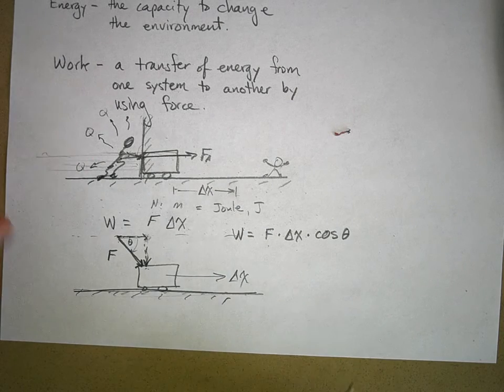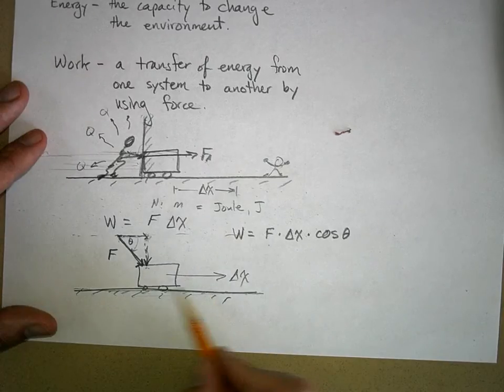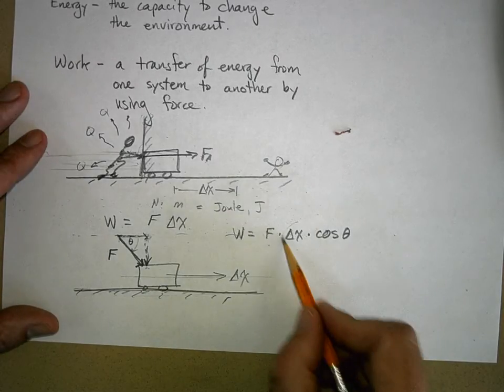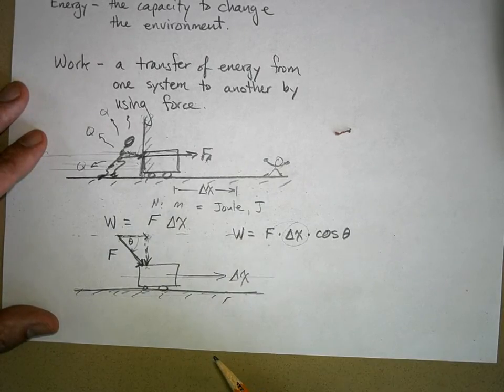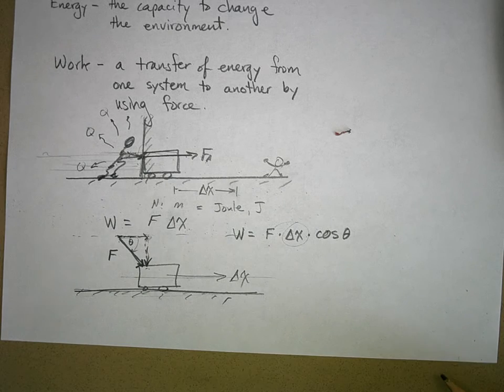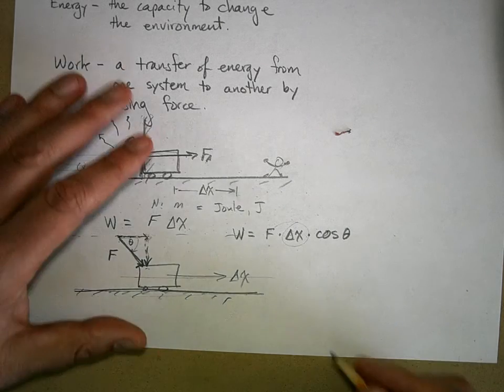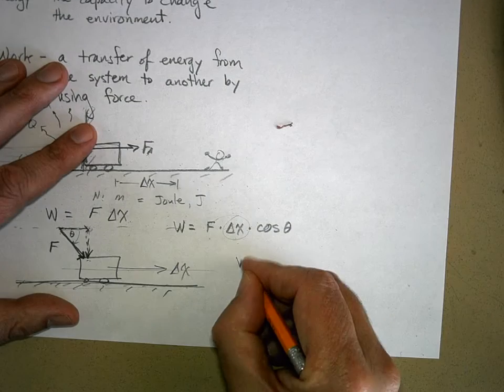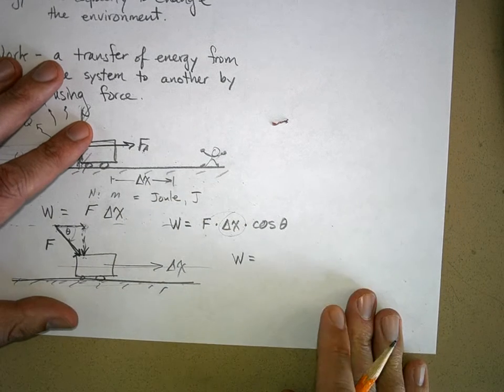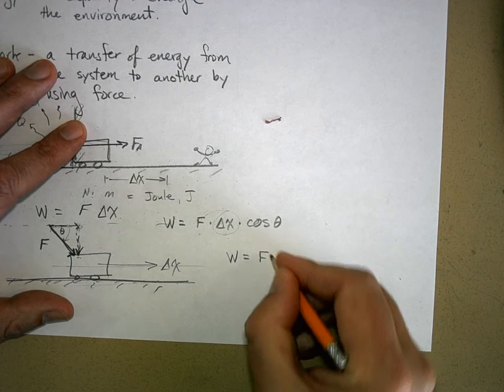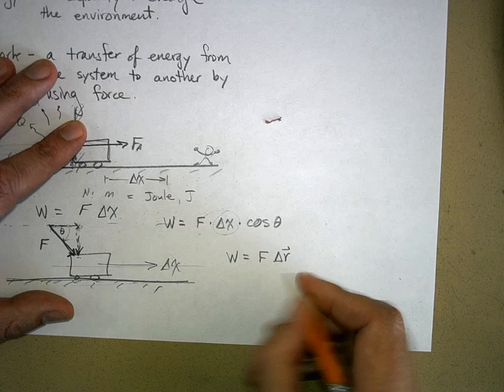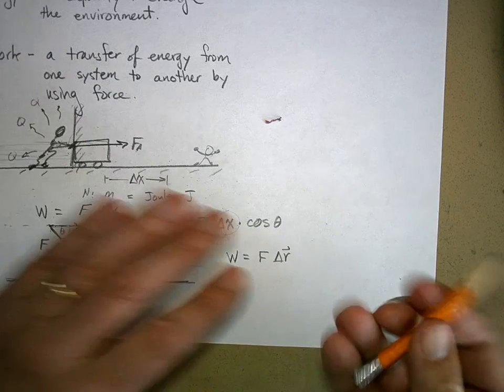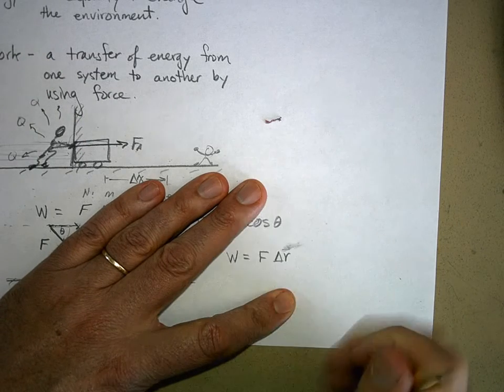Now here I'm using delta x because I'm moving it horizontally, but I don't have to use delta x. I can be moving this in three-dimensional space. So instead of delta x, I can say work is equal to the force times some displacement delta r. And you know what, let me take that vector hat off right now. Don't worry about it.